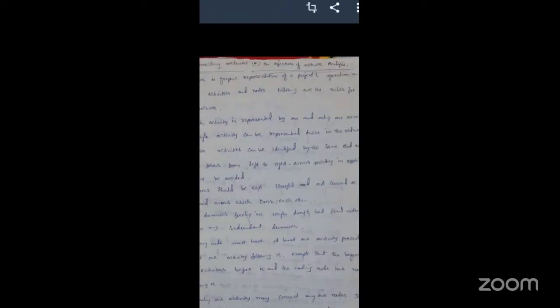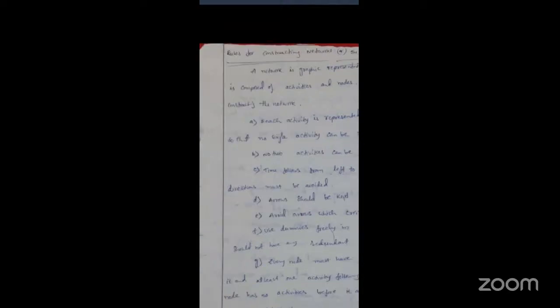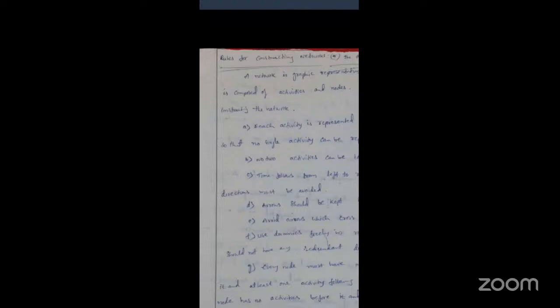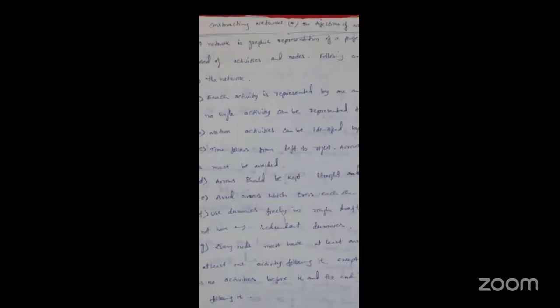A network is a graphical representation of a given project's operations and is composed of activities and nodes. The following rules must be followed while constructing the network diagram. First, each activity is represented by one and only one arrow.